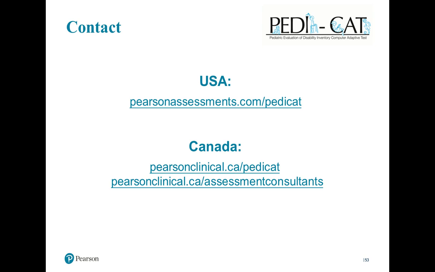So if you have individuals going into their 20s and you want to continue monitoring them, you can do so using the scaled score. You obviously can't use the normative scores outside the age range, but the scaled score you can continue to use, and it will continue to provide useful information.